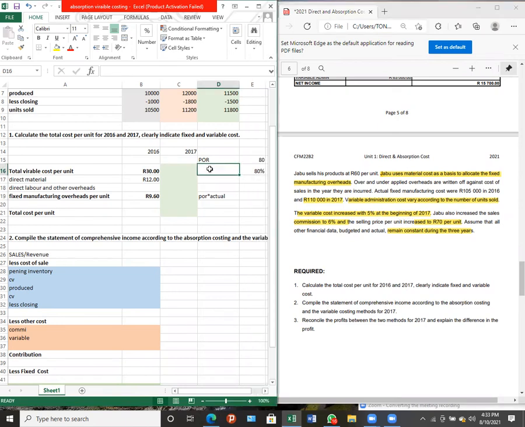So in 2017, the variable cost is increased by 5%. Here we have the new variable cost, which is 31.50 rand. And even the direct material increased by 5%.